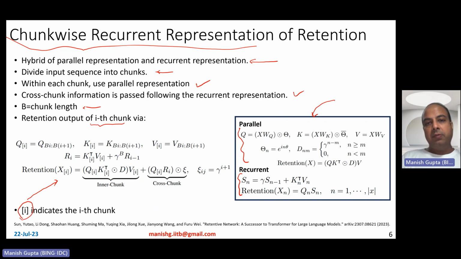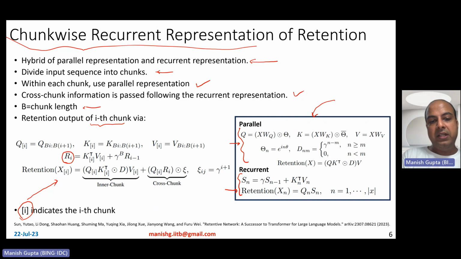Okay. So now remember, within the ith chunk, you're going to do parallel computation, which is basically this one, right? And across chunks, you're going to combine their representation in a recurrence kind of way. So therefore, if I were to compute the RetNet representation R_i of the ith chunk, what I would do is essentially consume the information of the previous chunks.